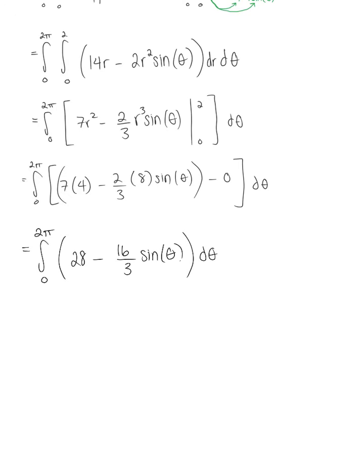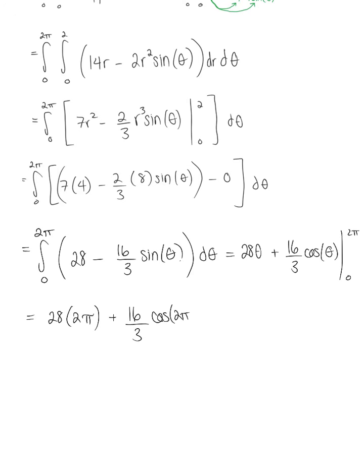And so integrating now with respect to theta, this is 28 theta minus a minus cosine, so plus 16/3 cosine of theta from 0 to 2 pi. So we have 28 multiplied by 2 pi plus 16/3 cosine of 2 pi.